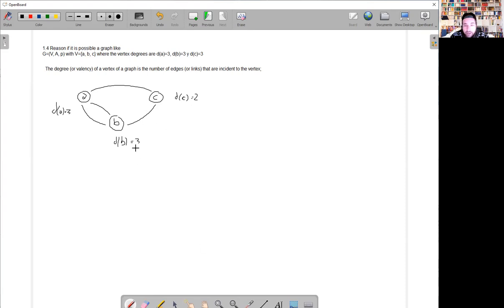So what happens if I try to increase the degree of C? If I try to draw a new edge here, a new link, that means that now the degree of C is 3, but the degree of A is 4.